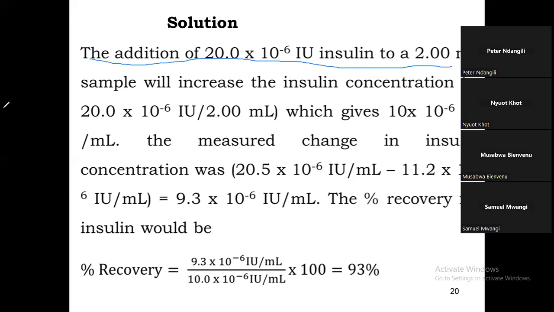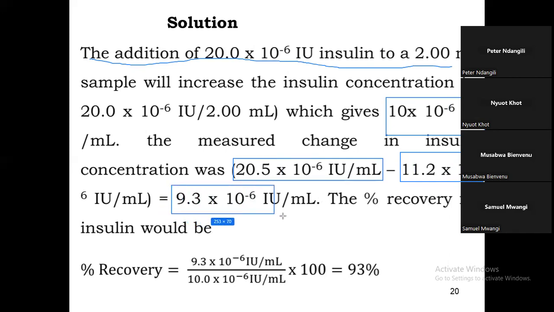So we agree that this is the concentration that we have spiked. So we want to find out if we are able to detect this concentration. And how do we do that? We will take the concentration after spiking, and then we subtract the concentration before spiking, so that we get this value here.